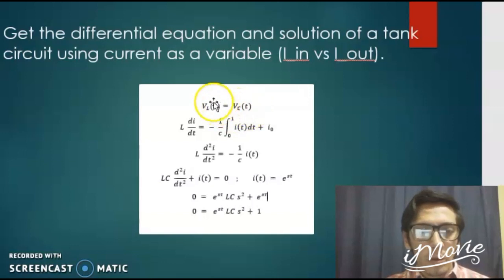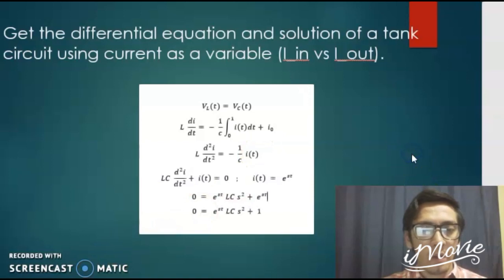These two equations are equal. With this, you can replace the derivative or the integral to find the initial current. With this, you can take the voltage on the inductor or the voltage on the capacitor.